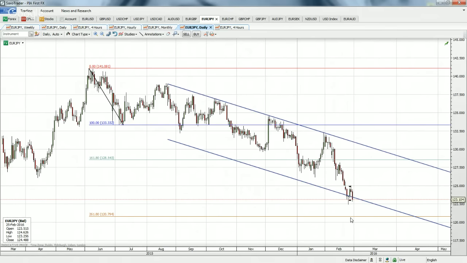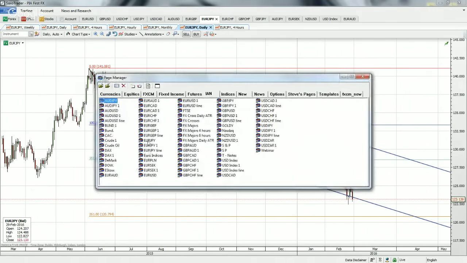We've got a 261.8% extension level down here, but I think there is scope for a higher correction at the beginning of this week, possibly with euro dollar correcting higher, to give us a better short entry for this medium-term move.